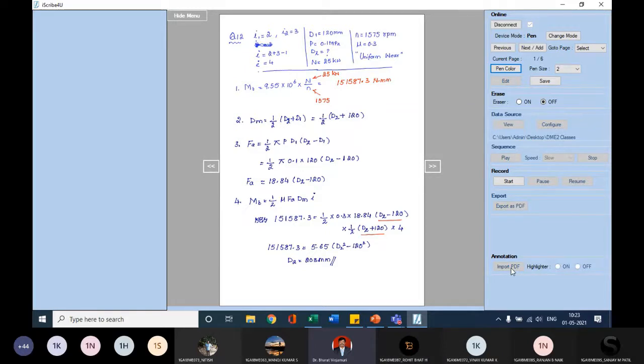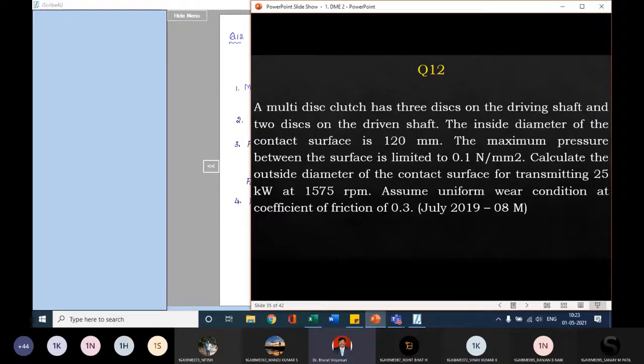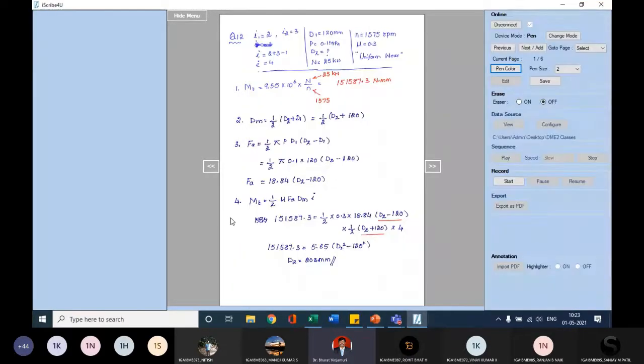Very simple. Any other things he has asked? Only D2 he has asked in the numerical: calculate the outside diameter of the contact surface. Yes, done. Your problem is done. Nothing else, because when he has not asked for the design, do not unnecessarily solve all things. He clearly asks whatever he needs.